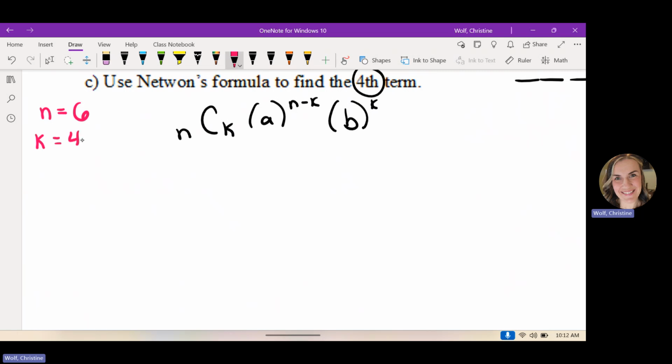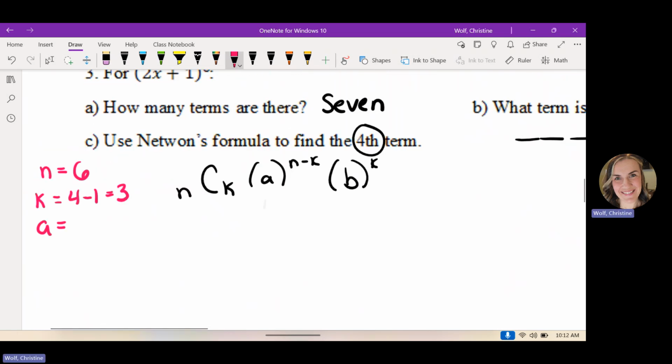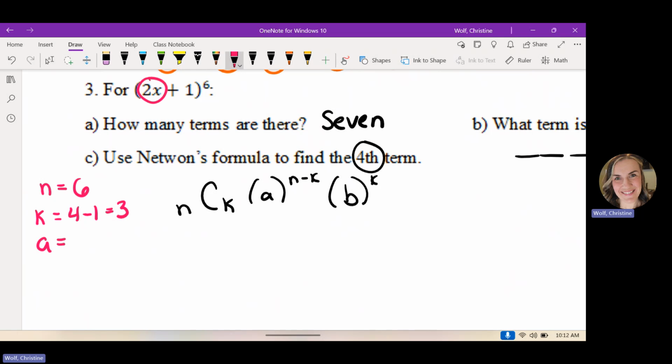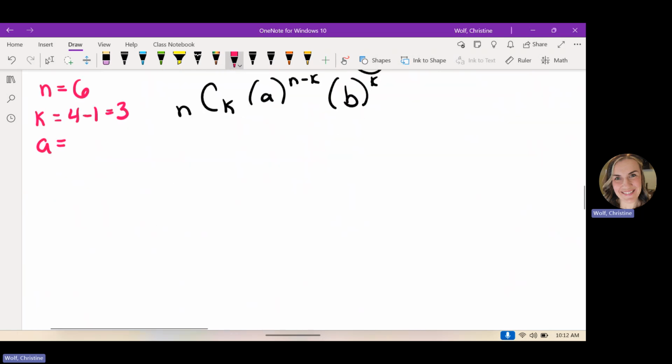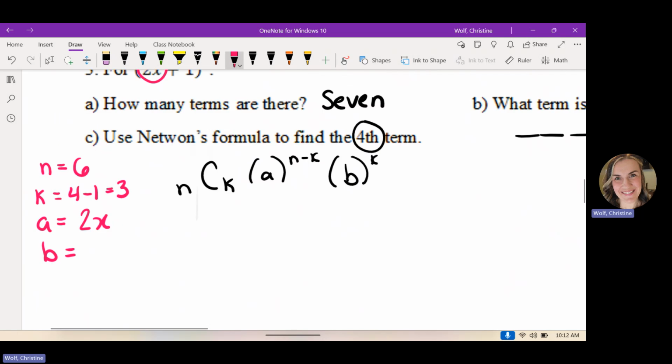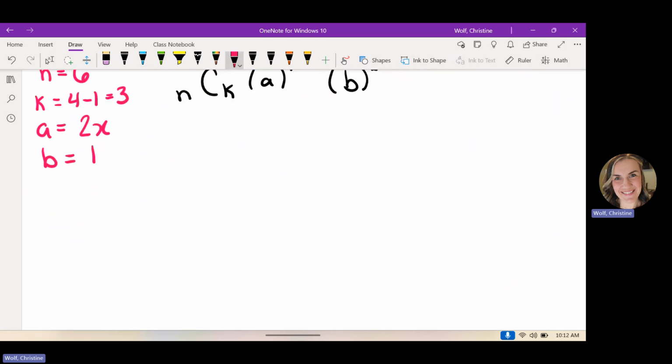You are looking for the fourth term, so 1 less than that is 3. Your A is the first term of the binomial. So A here happens to be 2x, and B is the second term of the binomial, which was just a 1. So we've labeled everything, and now we just plug in.